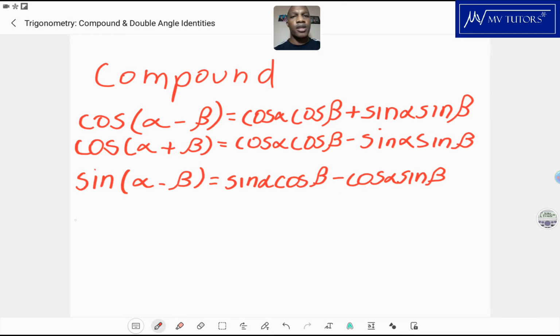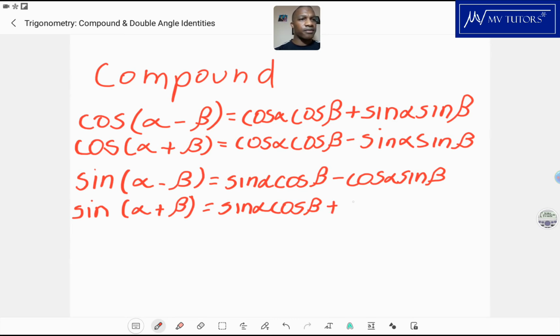The order stays this way. In any case, this should be in your formula sheet. It's given, so you don't have to remember this. If you add them, you're going to have sine alpha cos beta, and then a positive remains a positive, and then you interchange: cos alpha sine beta. That's what we call compound angles.